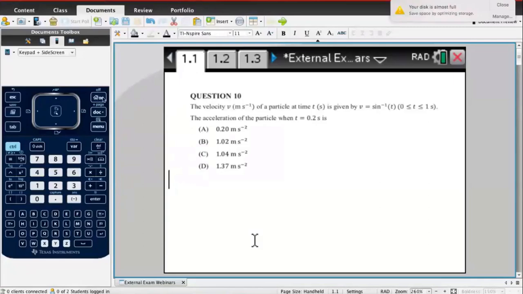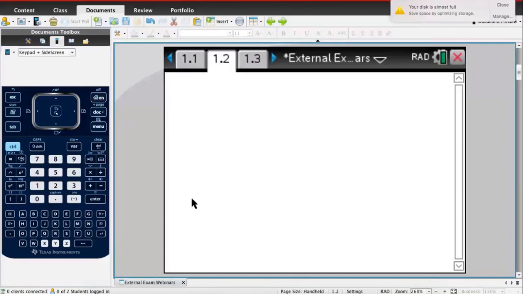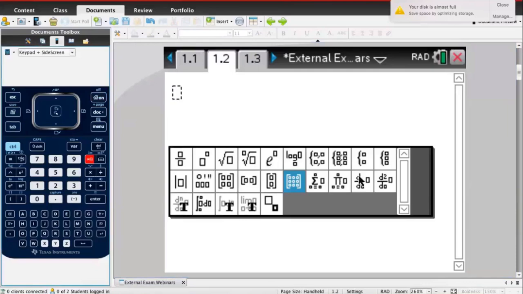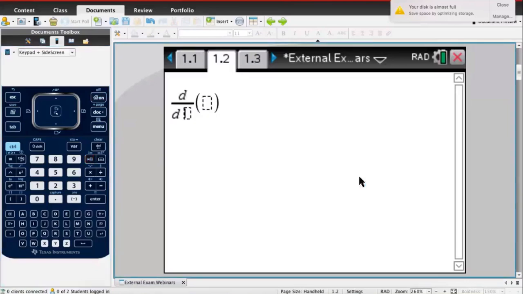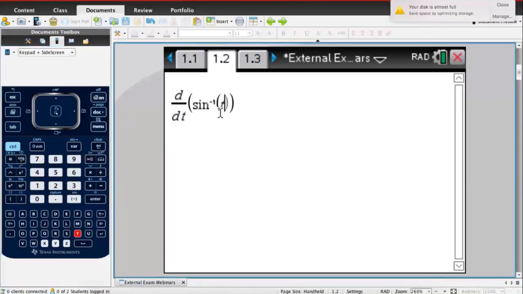First of all, we can use a calculator screen and this template here, the tools template, and we'll put in the derivative with respect to time, and our function is sine to the negative 1 t, and we need to tell it the particular time.